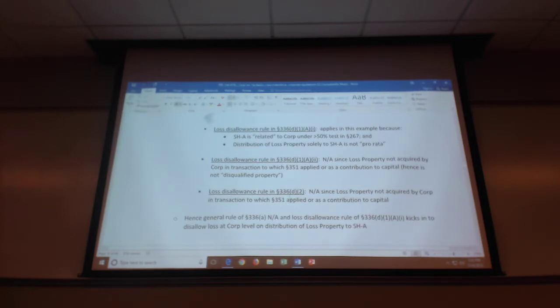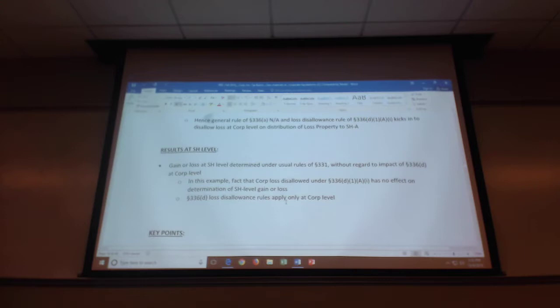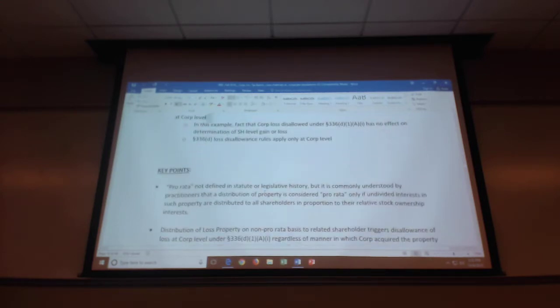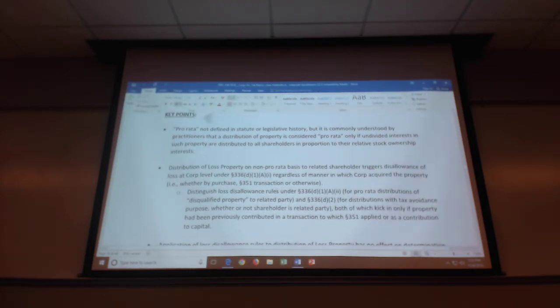So in this example, again, there's no effect at the shareholder level, and we have a disallowance of loss at the corporate level. Interesting to note that it doesn't matter how the corporation acquired the property, whether by purchase, Section 351 transaction, or otherwise.